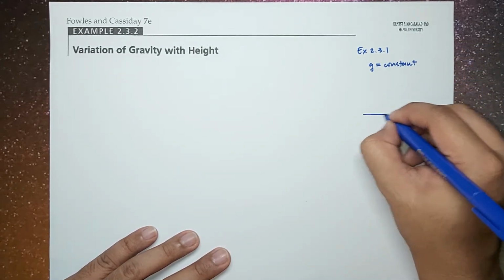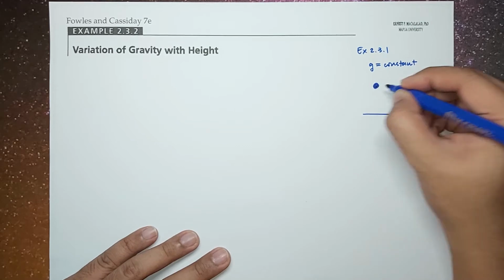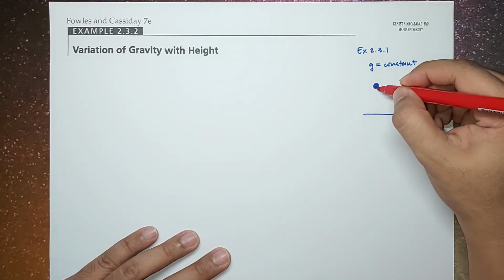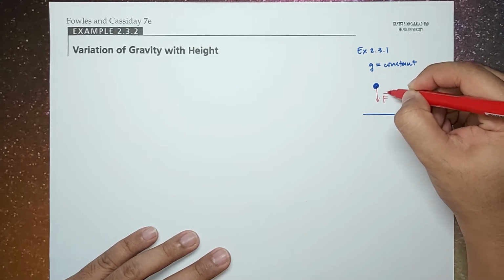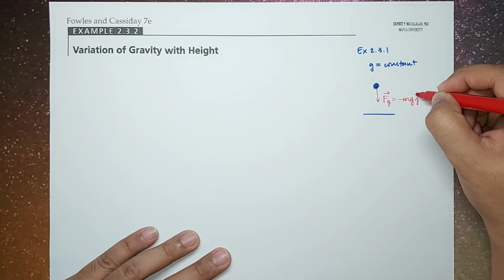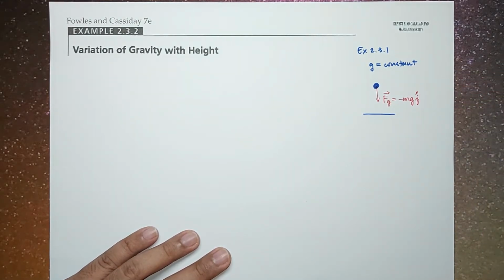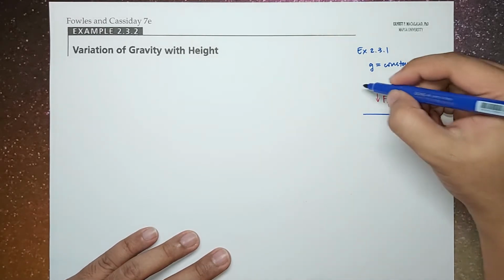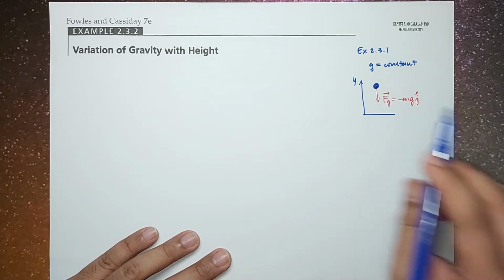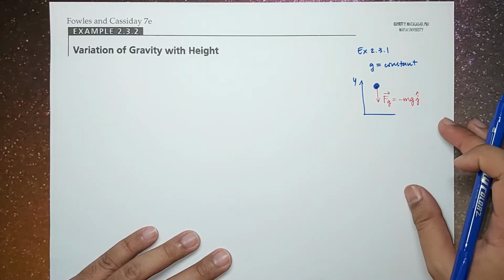That means a particle near the surface of the earth will experience a force that is equal to negative mg ĝ, considering that the vertical is positive upward, and that is assigned to be the y-axis.